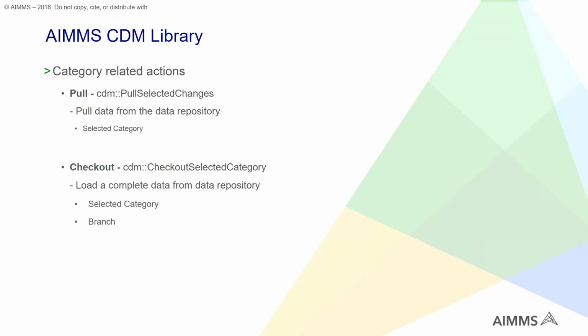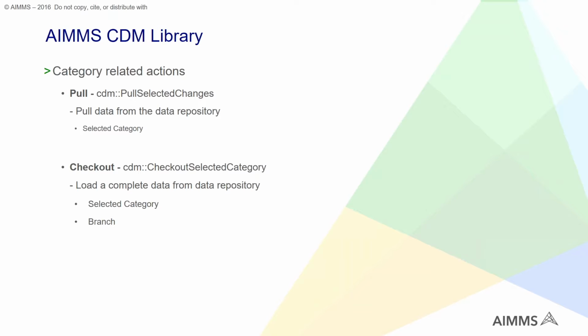In that case, we only have to define which data category we want to pull the data from, and we will pull the data into our local session. And this statement works over all of the branches, so we basically pull all data changes that have been committed since we last pulled our data session.